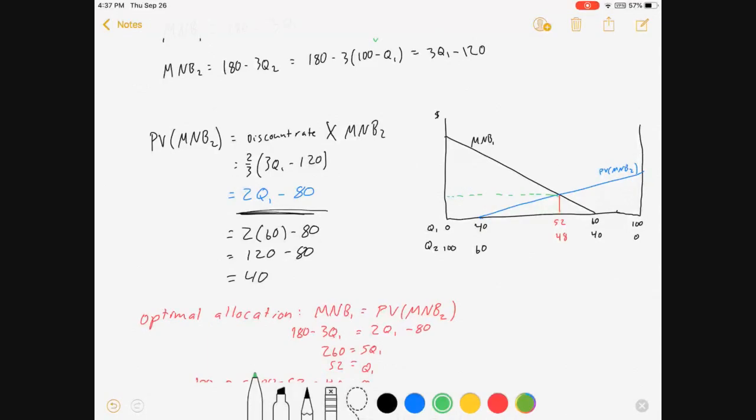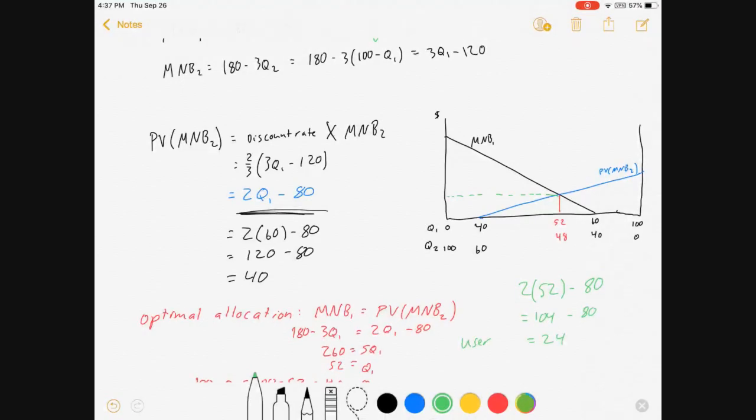And so how would I get that value? Well, I would plug 52 into either of my functions. I could say 2 times 52 minus 80 would be 104 minus 80 equals 24.